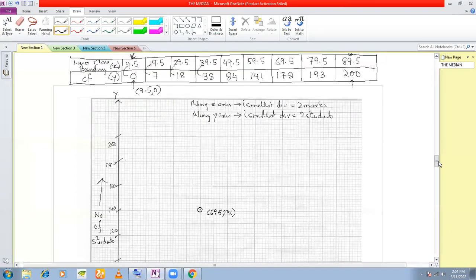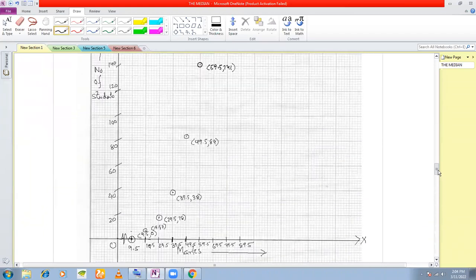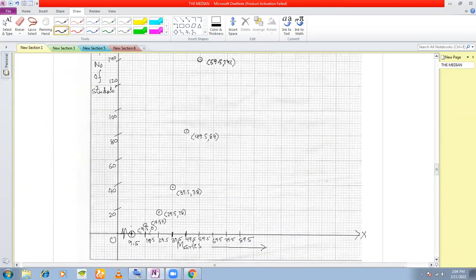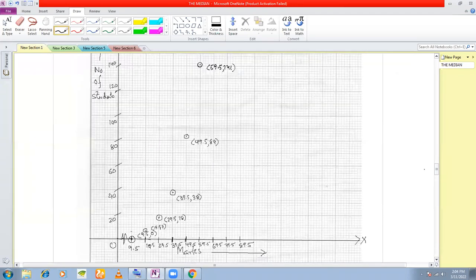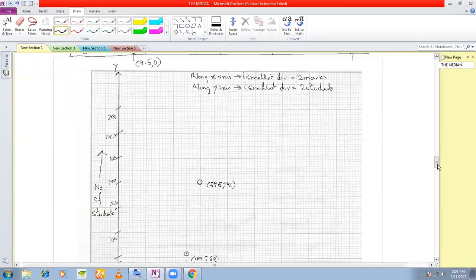Next, 69.5, 178. You locate 69.5 on the x-axis and start moving vertically. The y coordinate here is 178.